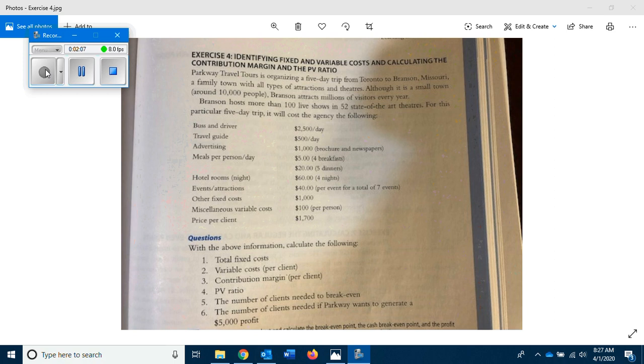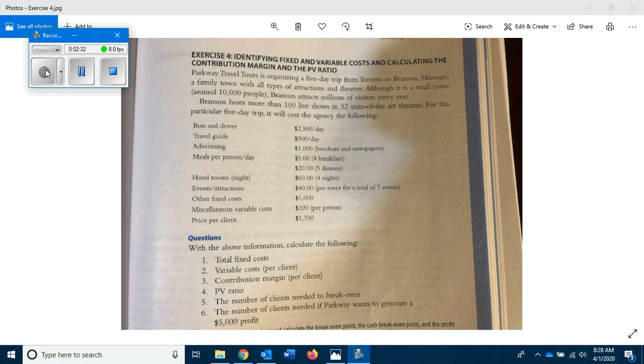The dinners, there's 5 dinners times $20. That's the amount it's going to cost per person for dinners. So you can leave those separate or you can actually add them together. Hotel rooms, again, it's for 4 nights, but it depends on how many people.